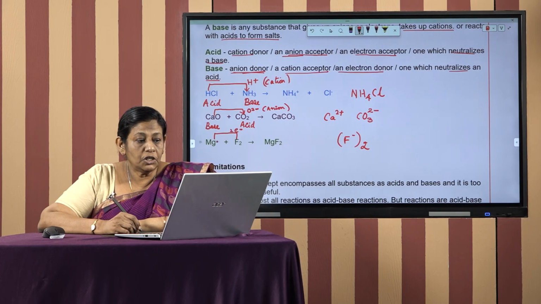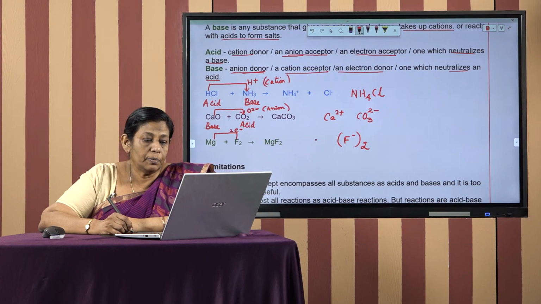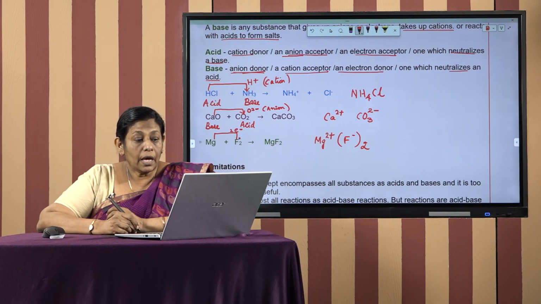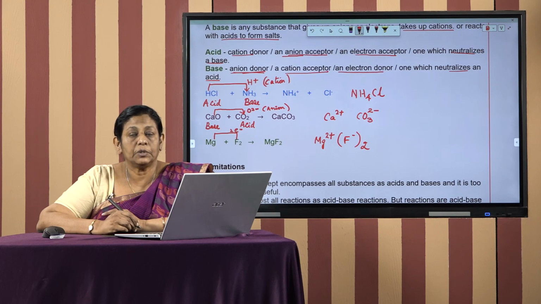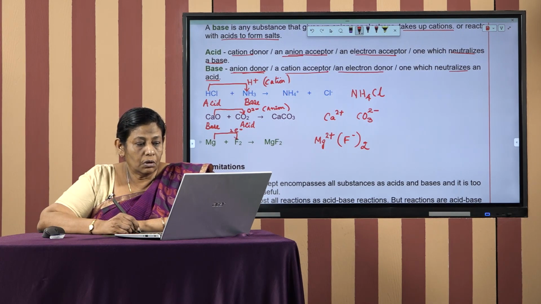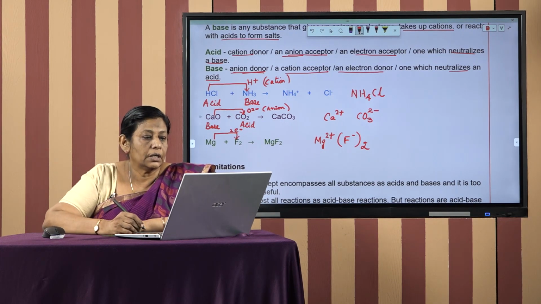Magnesium loses 2 electrons. What will happen to magnesium now? It will carry a 2 plus charge. Now, what happened here is neither a cation nor an anion, but here it is the donation and acceptance of an electron. Now, let us see what is that case.